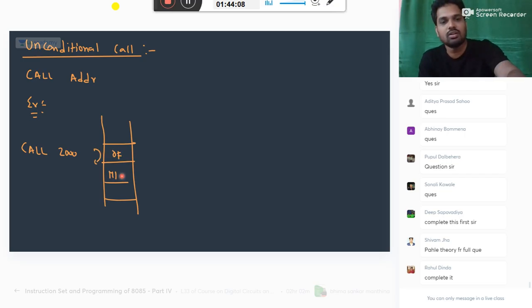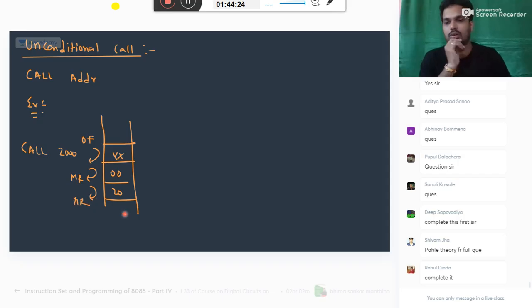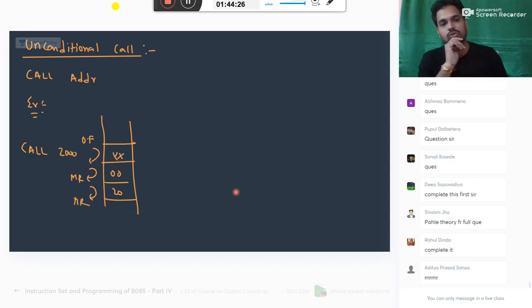Say, for example, call 2000 is there. Okay, this is opcode fetch, memory read. Then 2000 will be loaded into our favorite Z and W registers. Then it will do the operation.